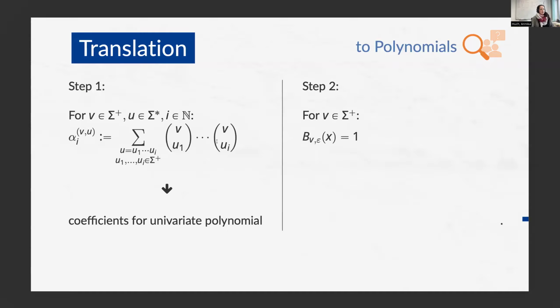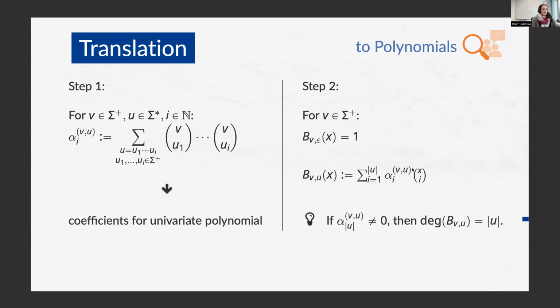define it as B. So if we have a word and do not query anything in the loop, if we query the empty word, then we obtain 1. And if we query some u, we have here all possible factorizations of u times the binomial coefficient over i, as I just showed before. This is just some notation.